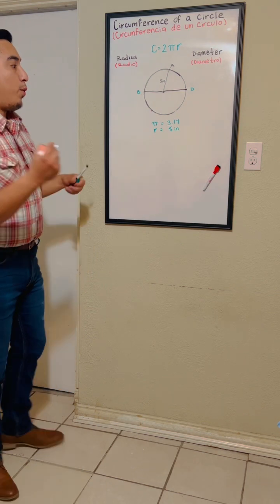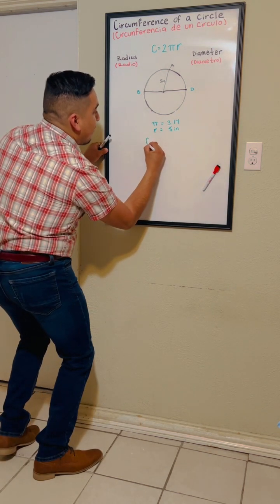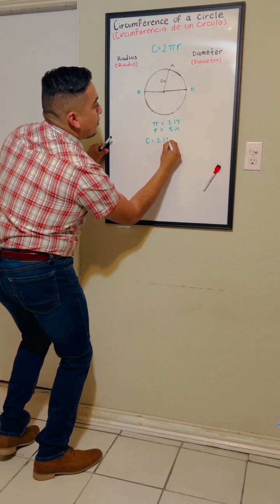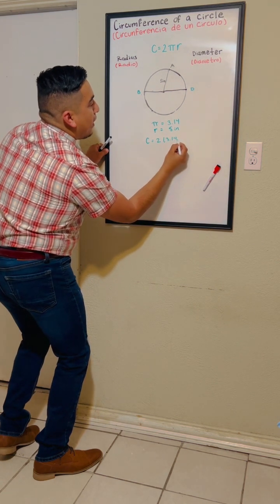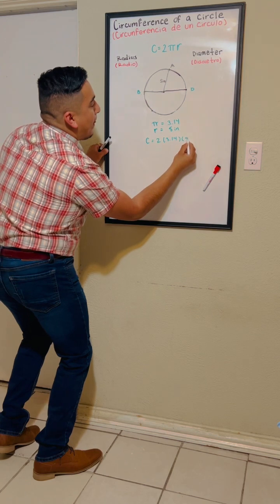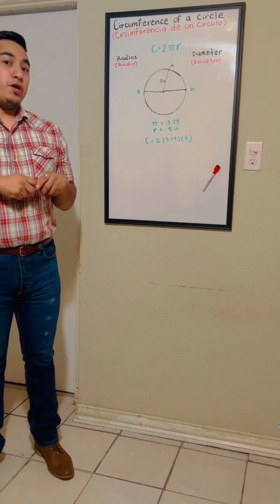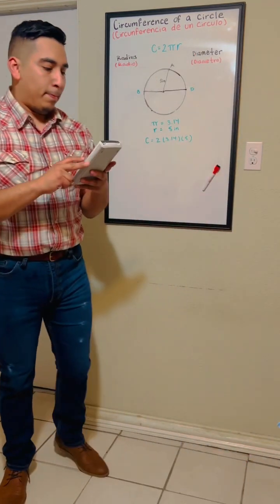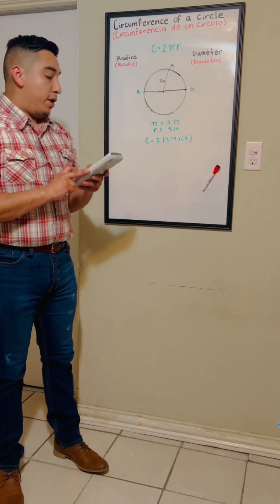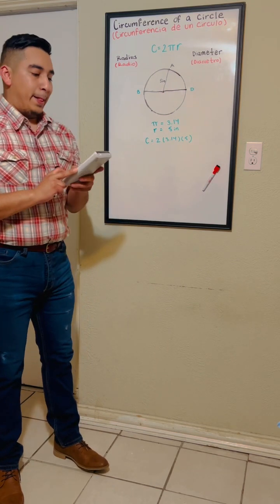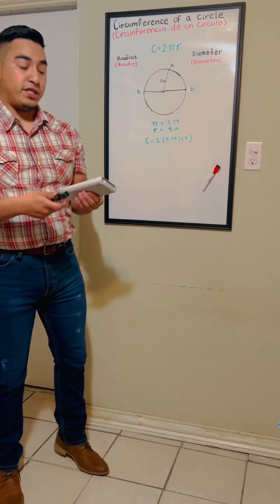So circumference is equal to 2 times 3.14 times 5. Now you could use a calculator for this. So we have 3.14 times 5, which gives us 15.7.